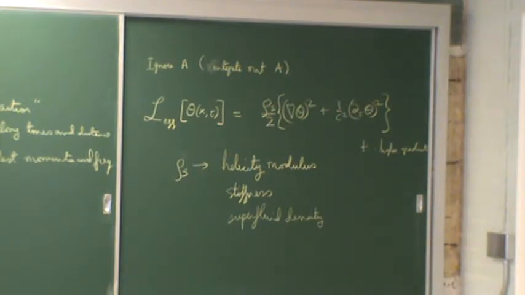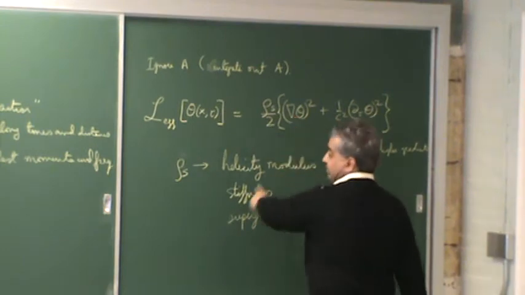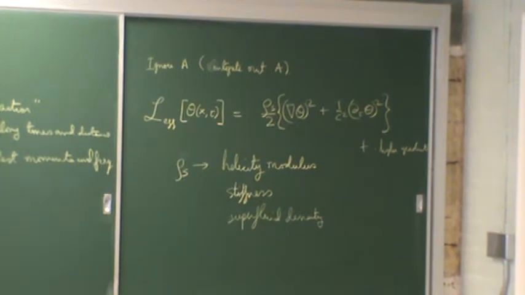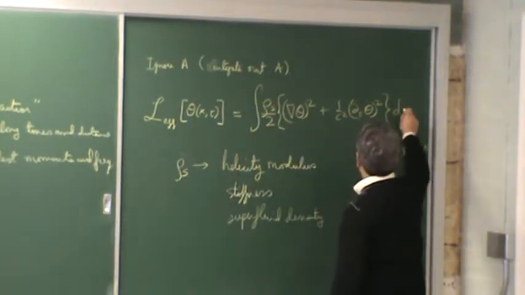Here, h bar is set to 1 everywhere, but really I should put the h bar there. If I put a 1 over h bar here, this has dimensions of 1 over energy, so the Lagrangian has to have dimensions of energy. And so rho s has to have energy times, there are two spatial gradients here. This way of writing things is not quite right, so there should be d^d x here.